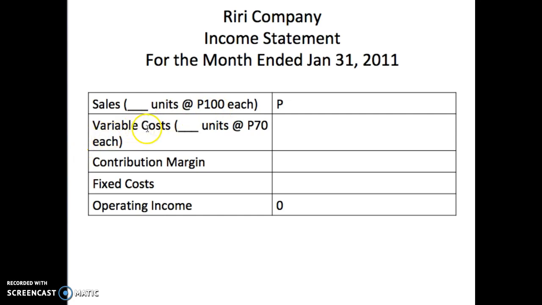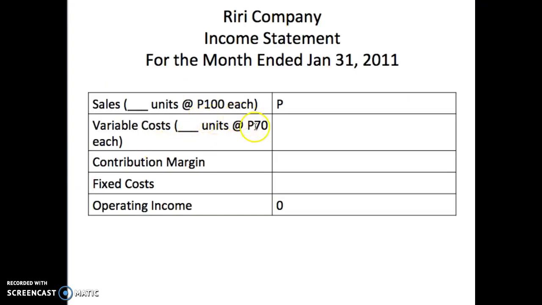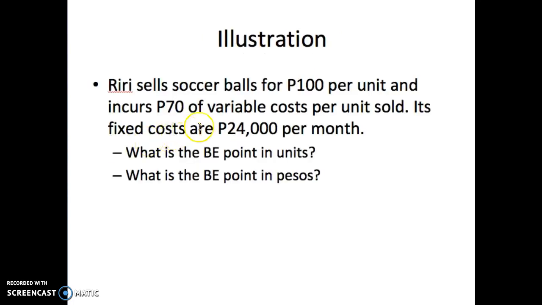Now, variable costs, we don't know the number of units yet, but we can see from the problem here that it amounts to 70 pesos per unit. So each item costs 70 pesos each. So we put it here. And then for the fixed costs, that's 24,000.